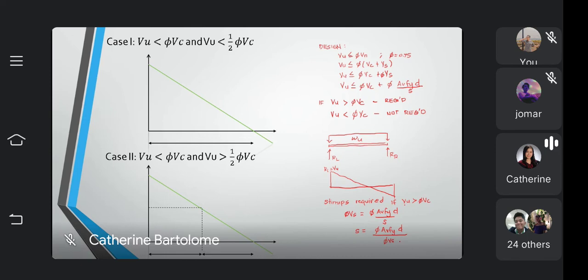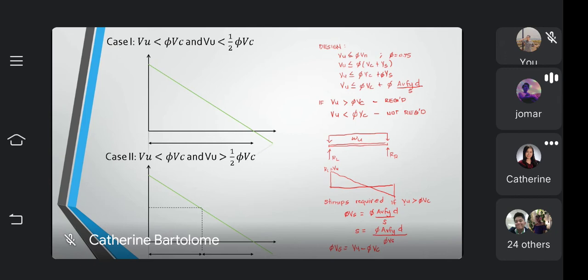Ano naman yung magiging value ng VS natin? VU minus VC. Yes, correct. So, kung ano lang yung hindi kayang i-hold ni concrete, yun lang yung ipapasa niya kay stirrups.